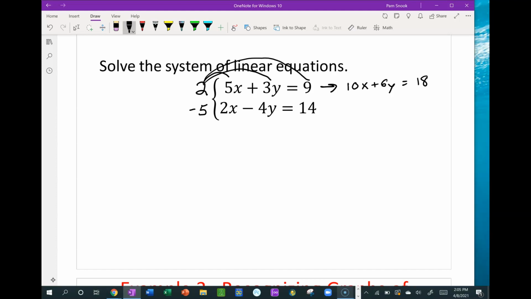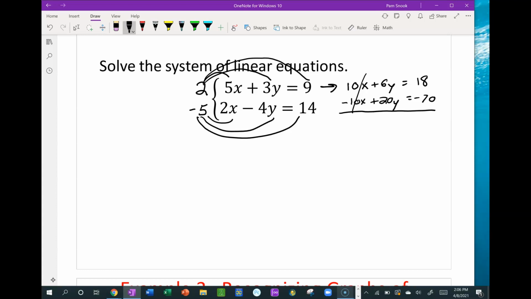And now I'm going to distribute the negative 5 in both equations. Sorry, both sides of the equation. So I get negative 10x plus 20y equals negative 70. Now when I add these equations together, those 10x's drop out.